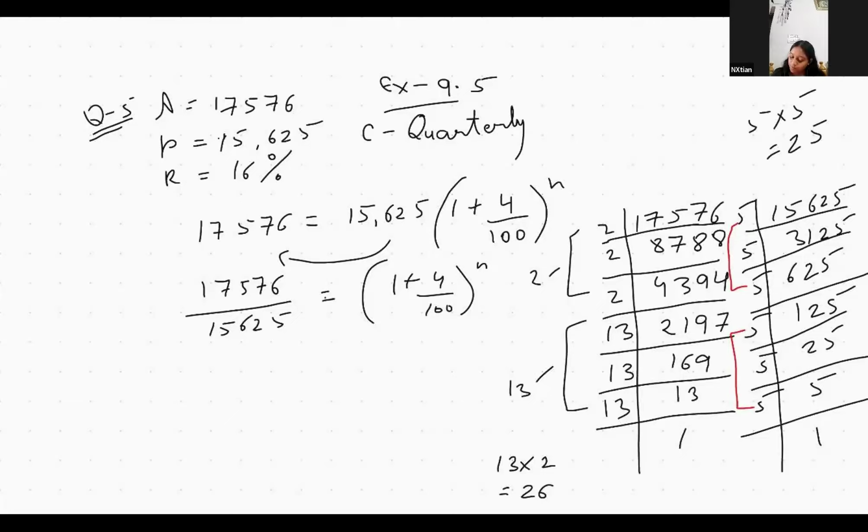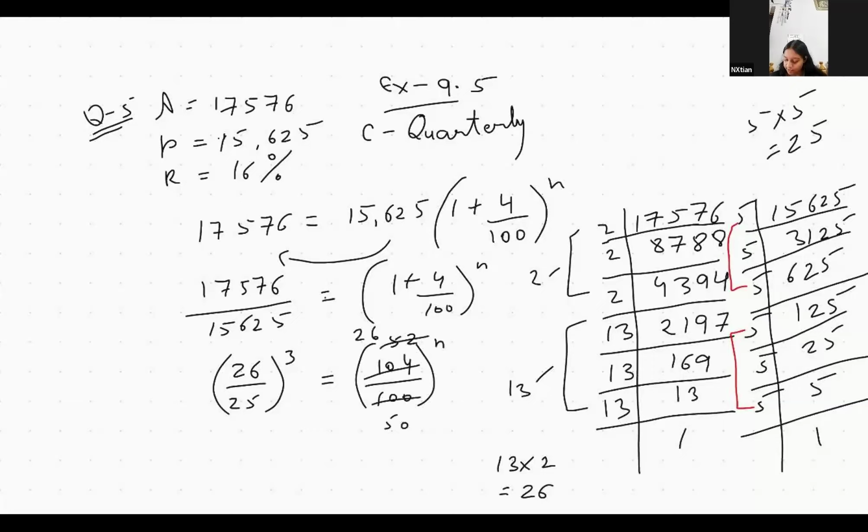Okay, so write it. This is 26 upon 25 whole cube equals, now solve the right hand side. That is 104 by 100. Take the LCM, you will get 104 by 100 raised to the power n. You can cancel 104 and 100 with 2, and cancel again, 26 by 25.